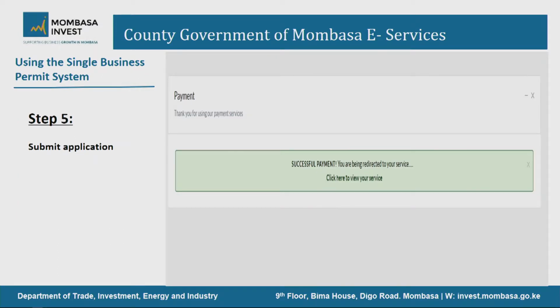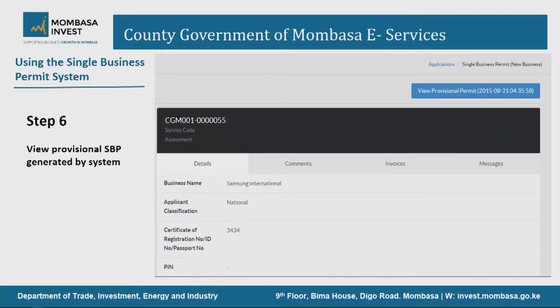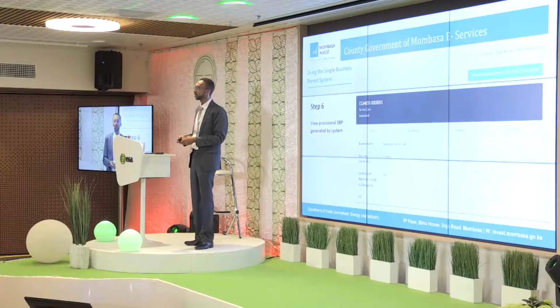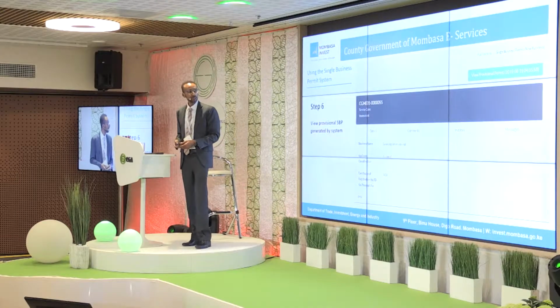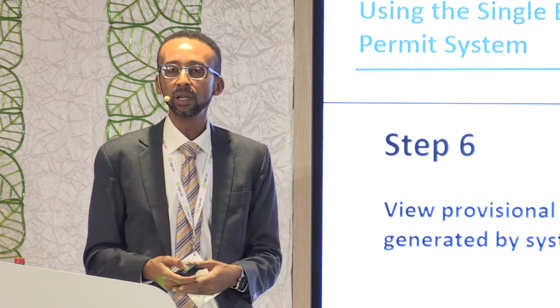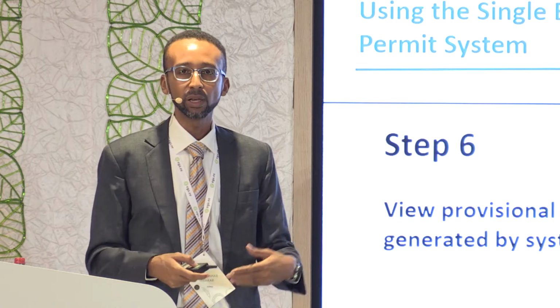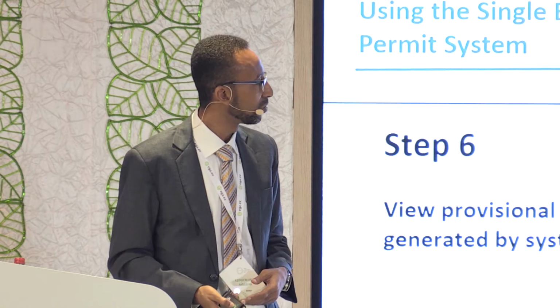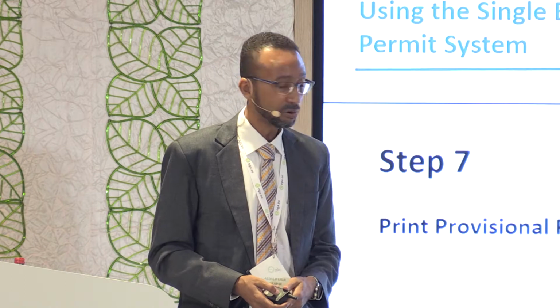Upon successful payment, you will receive a notification that indeed your payment has been received instantly through the back end of the system, and you will get a notification where you can view your permit. So as a county, we give provisional permits which are valid for 90 days to allow you to operate your business, at the same time allow the county to do its checks through the field application forms. So this is how our permit looks like.